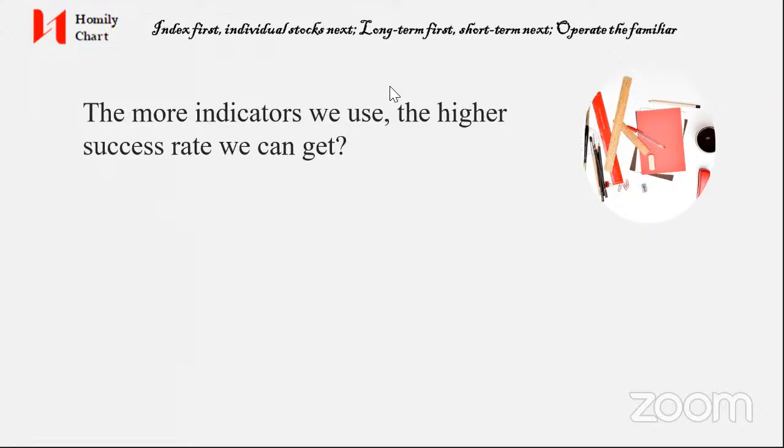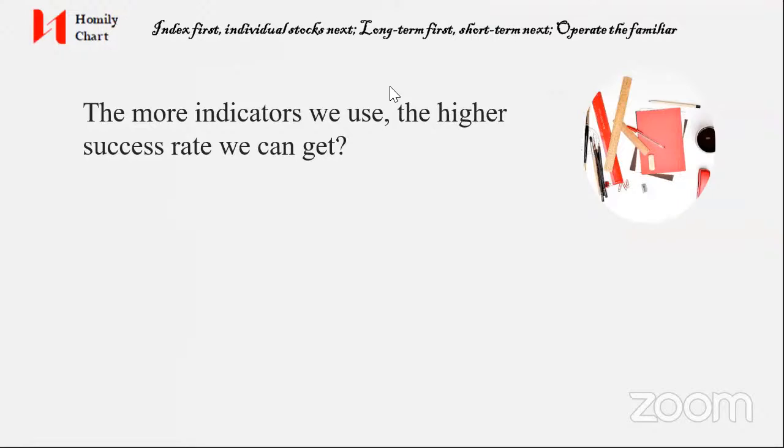If you pursue mastering very sophisticated indicators, you spend the energy to learn those indicators, but you forget about the basics. So without the basics, if you just want to learn the more difficult parts, it's easy to fail, and you might get frustrated.